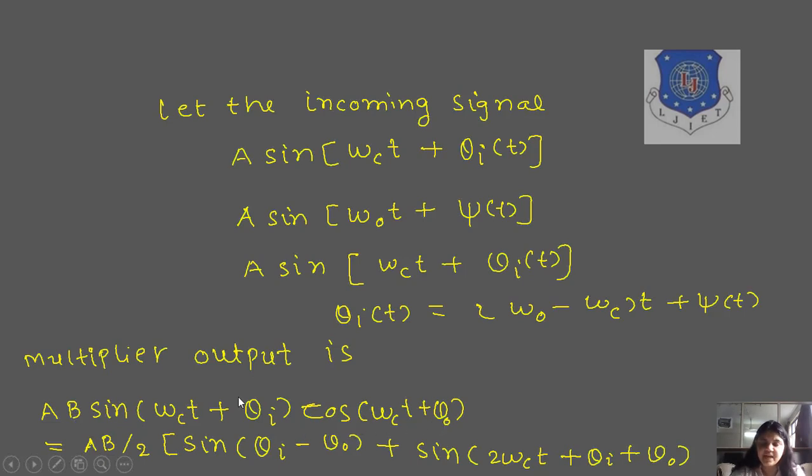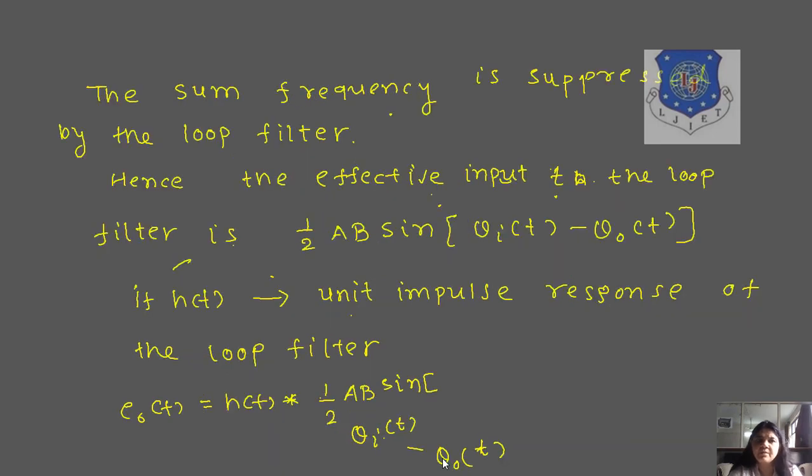By applying the 2 sin cos formula, it is equal to AB by 2 times sin(theta i minus theta 0) plus sin(2 omega c t plus theta i plus theta 0).